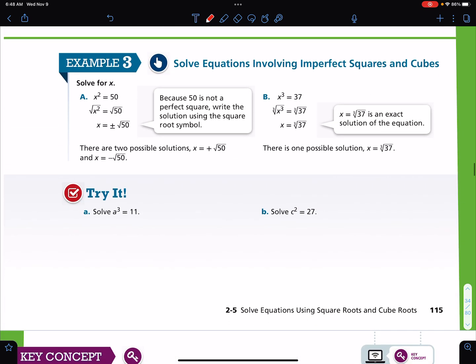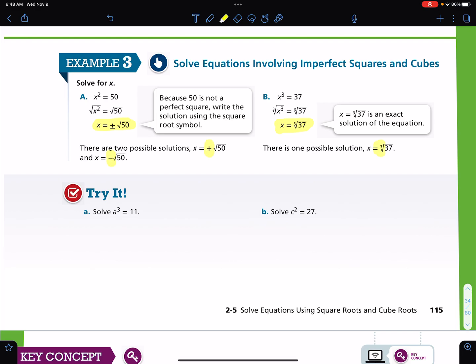Example 3, solve equations involving imperfect squares and cubes. What it's showing you here is you do not have to actually solve for a number. You just leave it under the, I think that's called a radicand, if it's not perfect. But you do have to put the plus and minus in front of it.